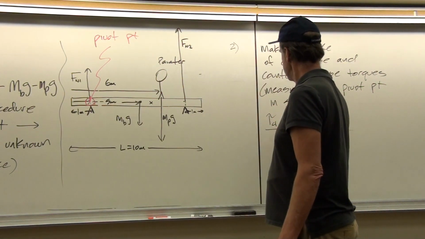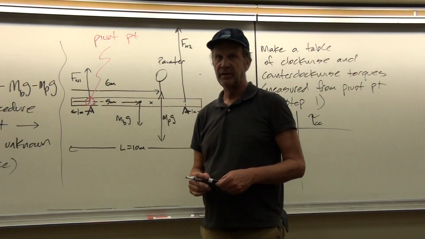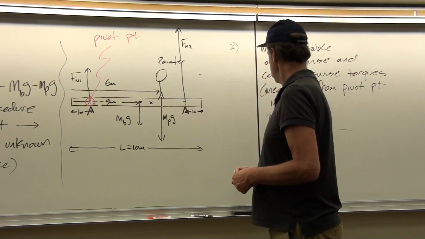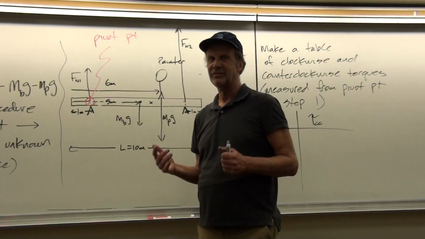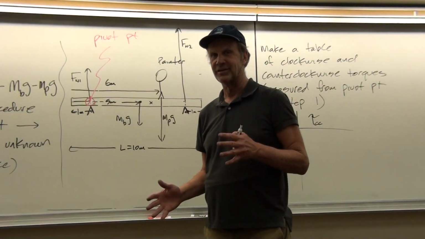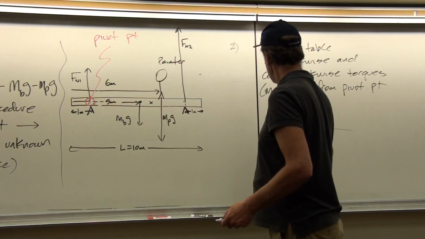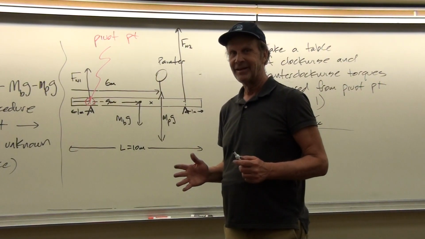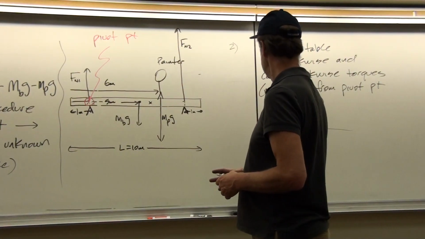In the book, a lot of times what they'll do is define clockwise as negative and counterclockwise as positive. And that gives you the same result. But then you're stuck with this arbitrary definition of which one is positive torque versus which one is negative. Whereas the way that I do it is to just set the sum of them equal to each other, and that automatically cancels them out. And I think that it's easier to follow if you do it that way. And so that's the way I'm going to proceed here.